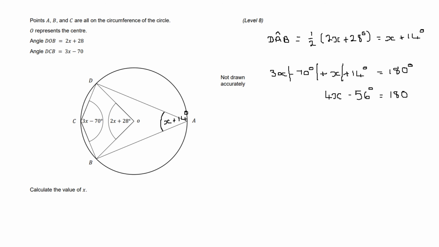That's equal to 180 degrees. Then I'm just going to add 56 degrees to each side. So that's going to give me 4x is equal to 236 degrees. I'm going to divide both sides by 4. That's going to give me x is equal to 59 degrees.